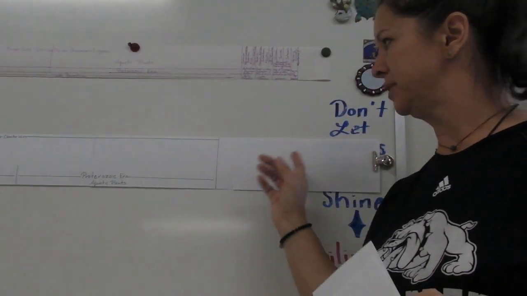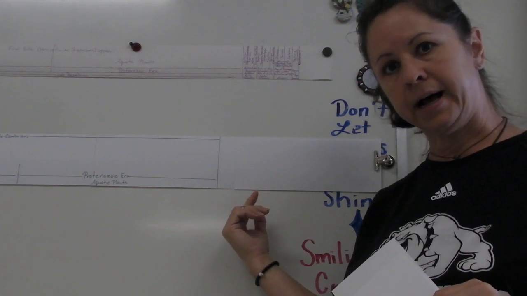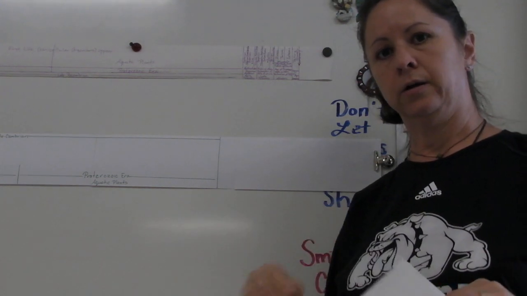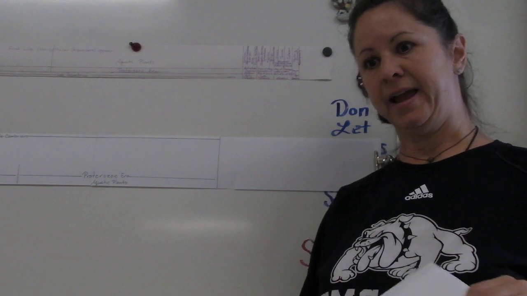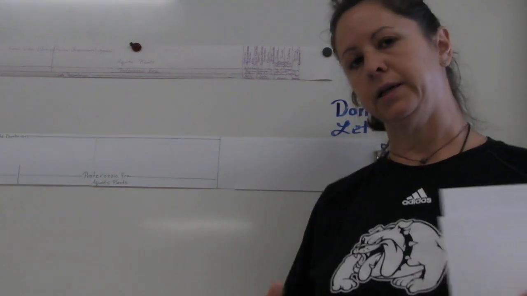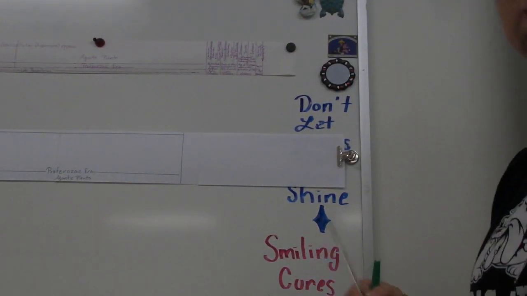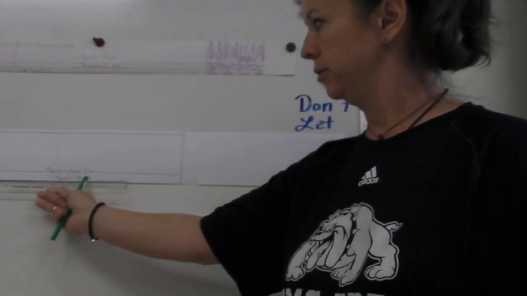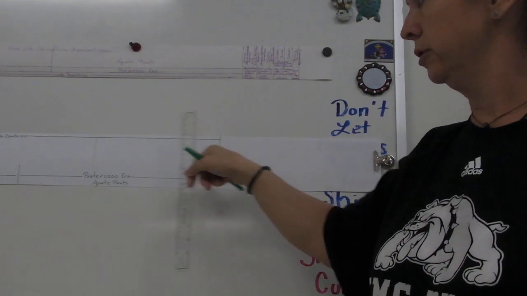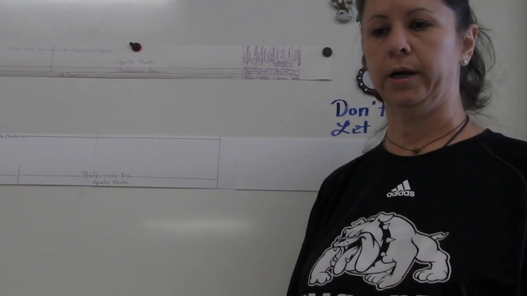Just tape one piece to piece, end to end. Now make sure that you put your tape on the back side and then write on the side that does not have tape, because the tape is slick. You can't write on it. As far as the measurements, make sure you're using centimeters, and you literally just measure out and draw your lines where you need to draw your lines.